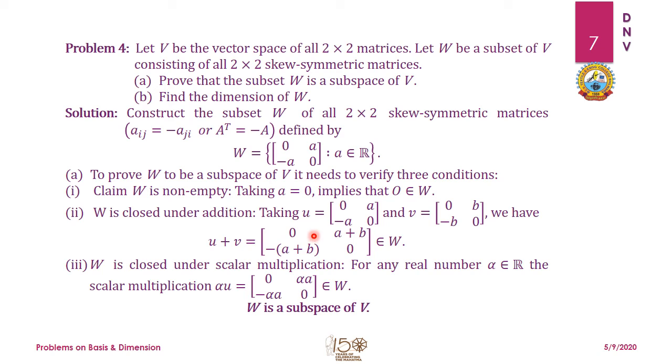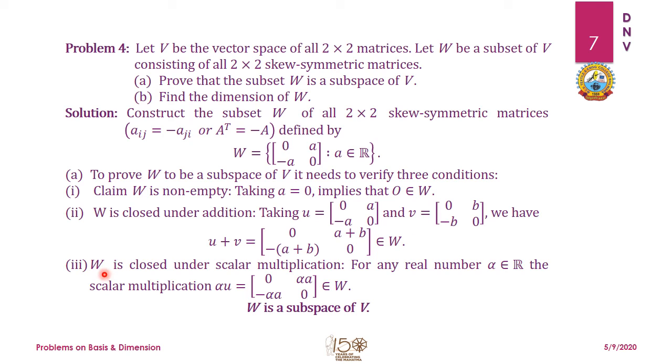So if we look at the sum U plus V, it looks like the same form as the elements in W. So we can very well say that the sum of any two arbitrary elements U and V is always in W. So the second condition of a set being a subspace is also satisfied.